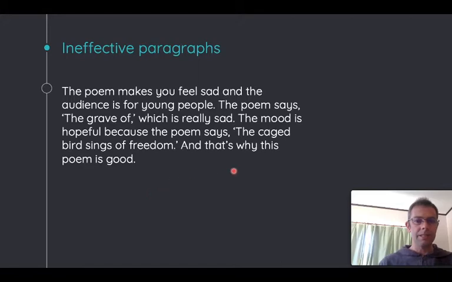And so you can see the student here, the poem makes you feel sad and the audience is for young people, so that's covering some key things in terms of mood and audience, but the paragraph doesn't really develop it. And then later on, the paragraph contradicts itself. The mood is hopeful, whereas here it's saying it's sad.